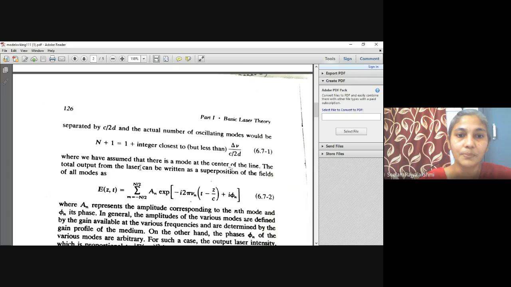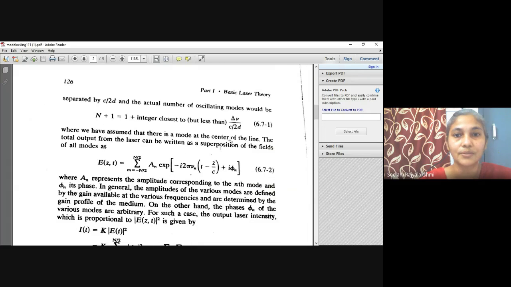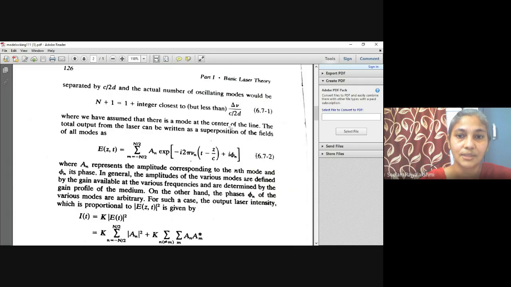How can we obtain the total output? By the superposition of the fields of all the modes. The total output can be written as E of z comma t, equals the sum over n from minus N by 2 to N by 2 of a n exponential of minus i 2 pi nu n times t minus z by c, plus i phi n. This is equation number 2.